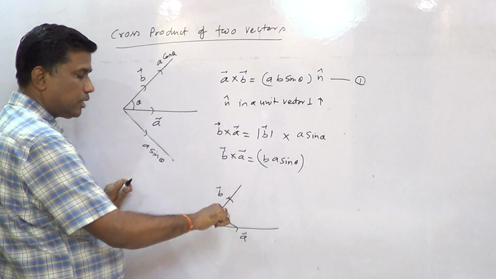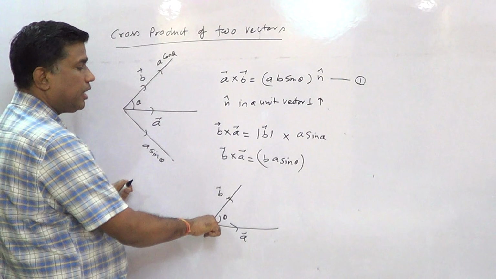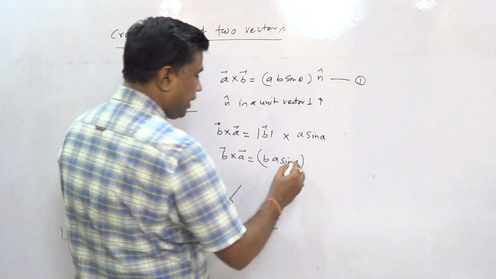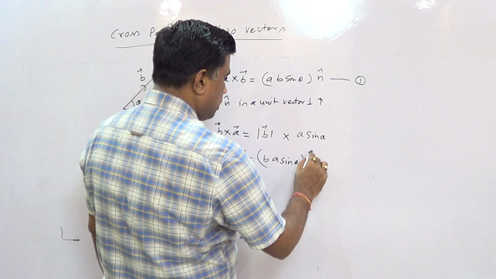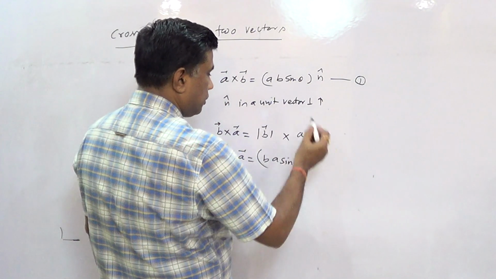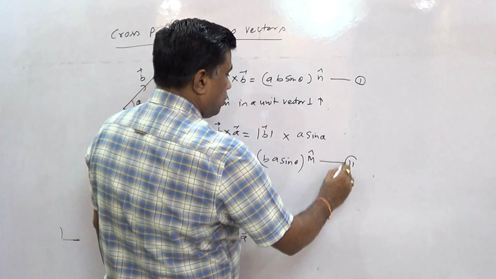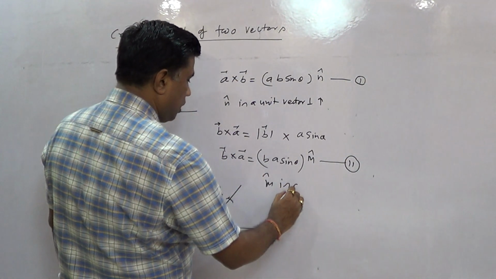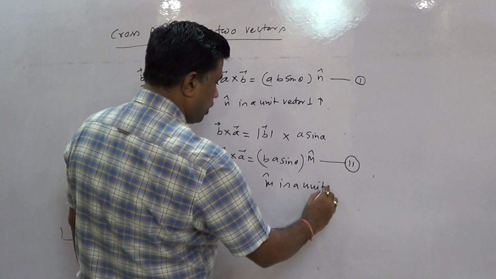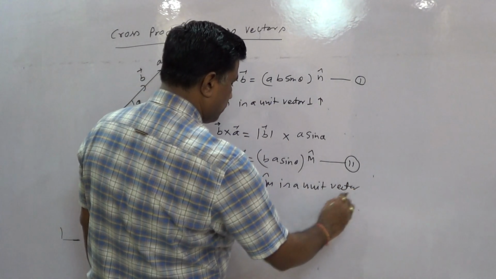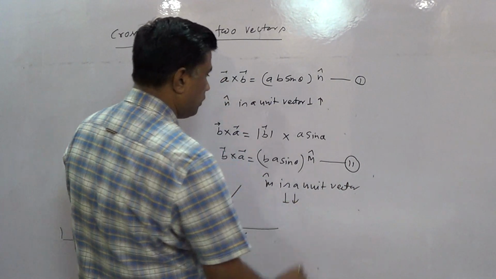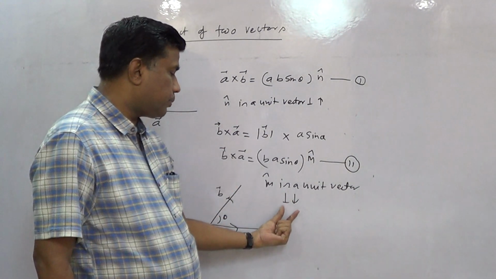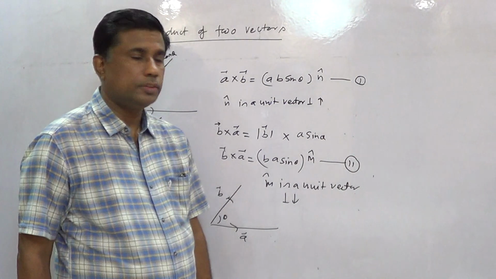In this case, direction of thumb is perpendicular to the plane of whiteboard inward. So I will write another unit vector. We can say this M cap is a unit vector perpendicular inward. This one is perpendicular outward. This one is perpendicular inward.